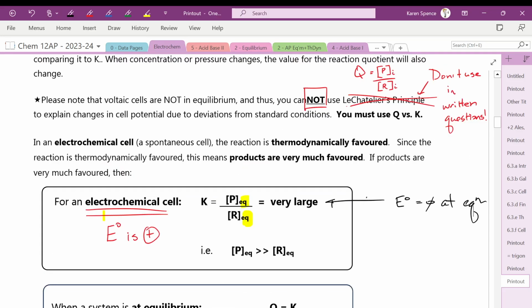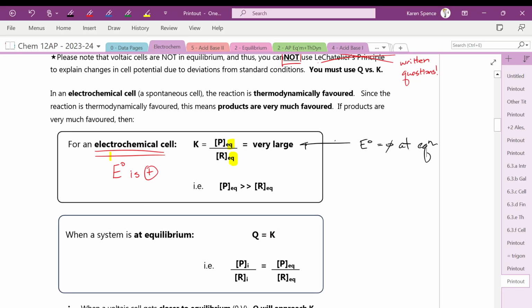Okay, sorry. Somebody had a question, and I very rudely just said, don't talk to me right now. What were we asking? I wrote E naught is positive for an electrochemical cell when not at equilibrium.